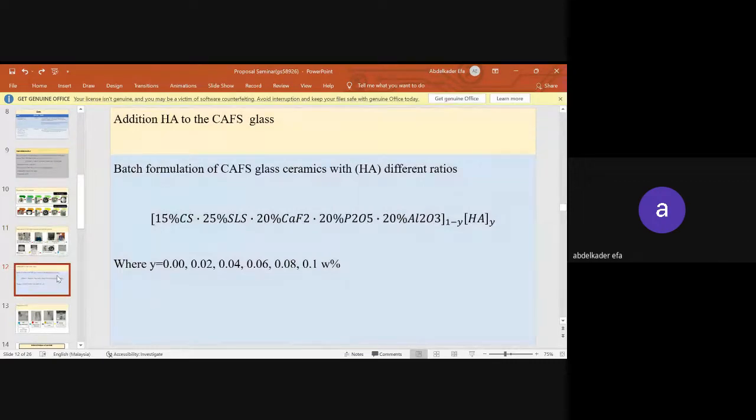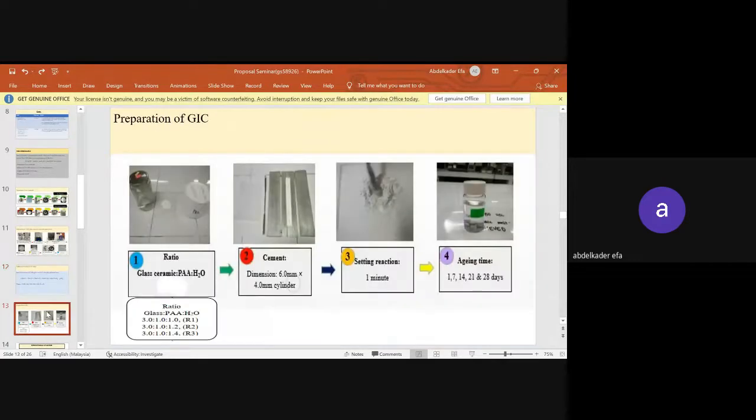For the addition of hydroxyapatite, this formula will be used, with a small ratio starting from 0 until 0.1 weight percent.